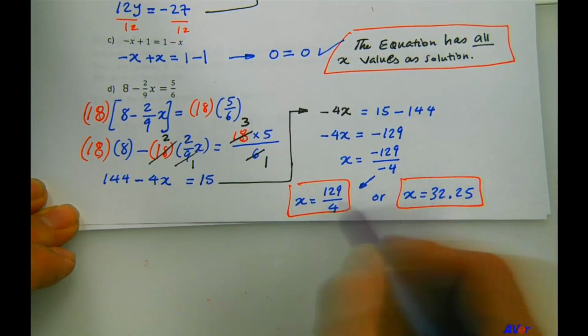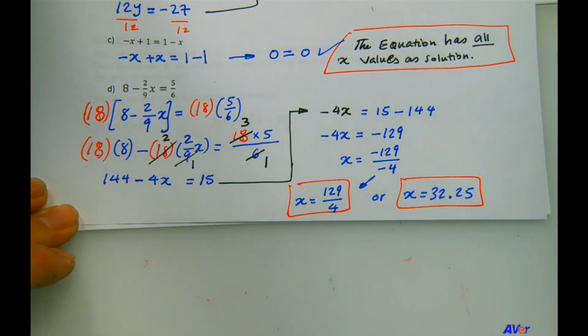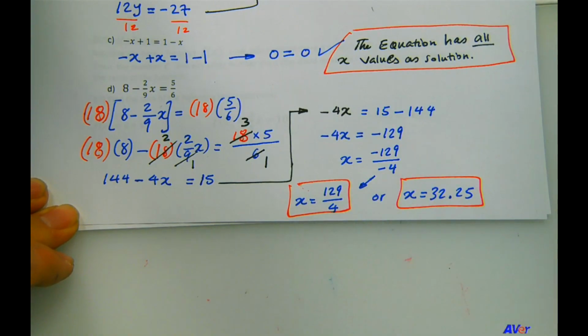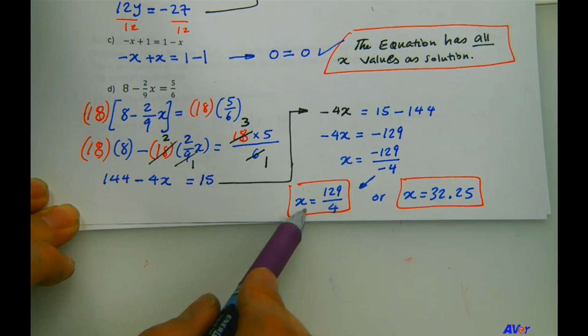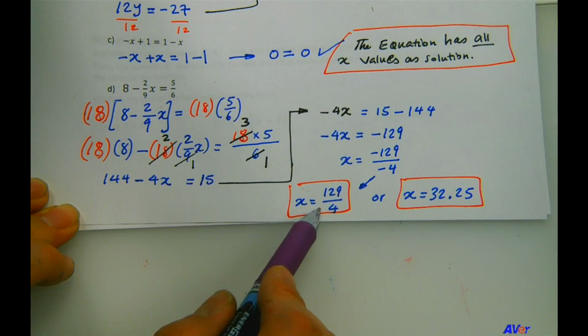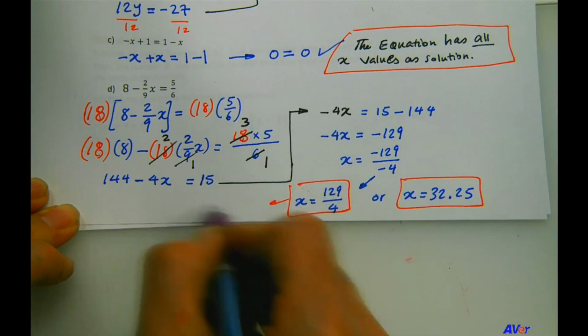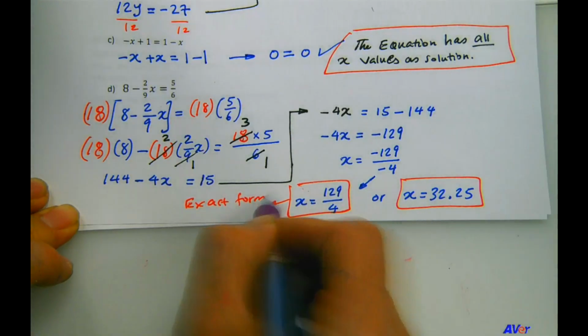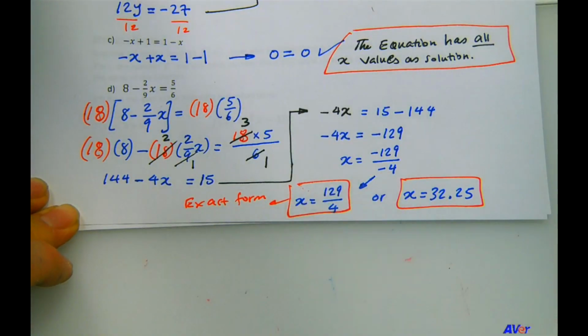Now on paper, both are acceptable, but on computer, I'm sure the online homework management system will ask you to give the answer in exact form. If it asks you that, this is the form you want to give. This is an exact form, in the form of a fraction.